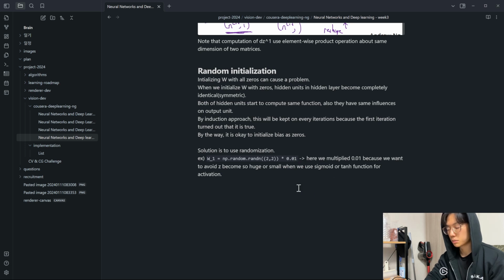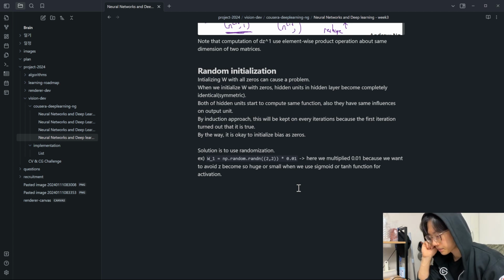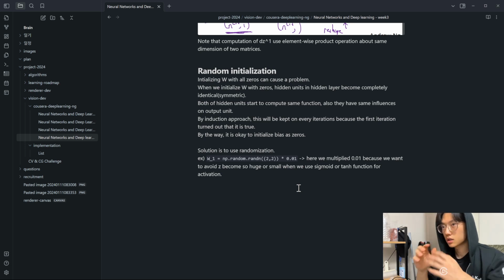And this multiplier is there because when we use a sigmoid or tanh function for activation, as we have already seen, when z is very large or very small, the gradient changes very slightly as g goes up or down.